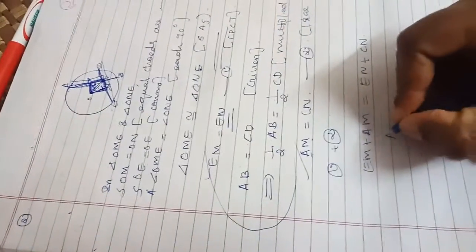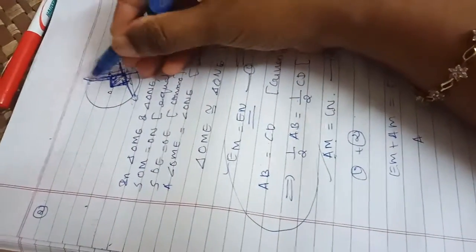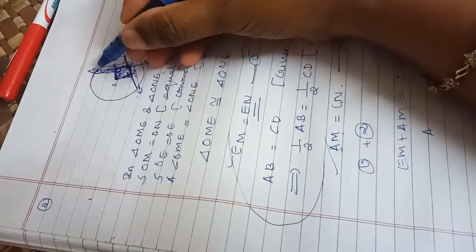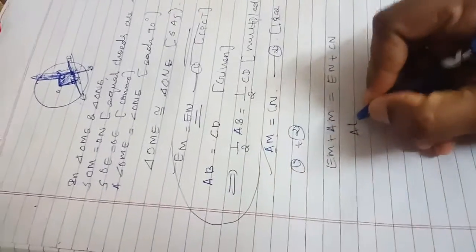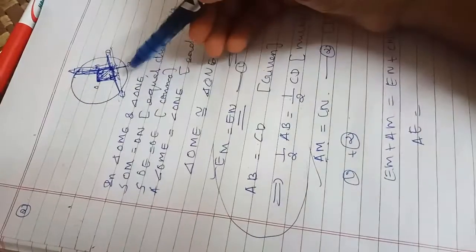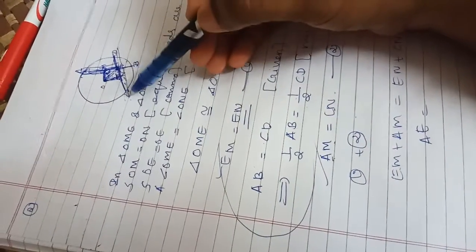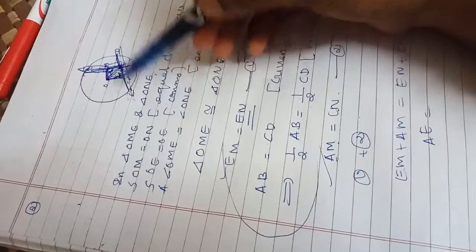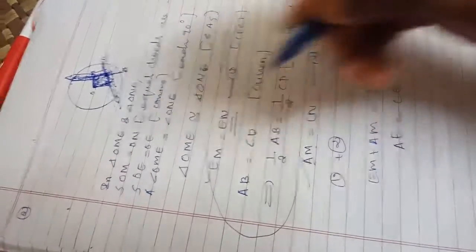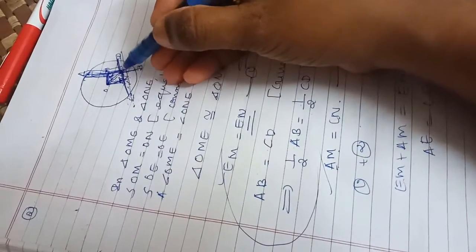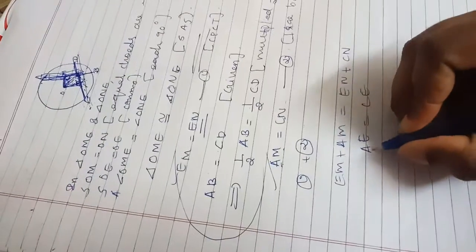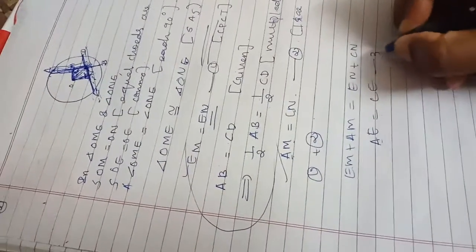EM is this length, AM is this length; adding these two, we get the total length from A to E. So AE is equal to EN plus CN. EN plus CN gives CE, the total length. So I write AE is equal to CE, equation number 3.